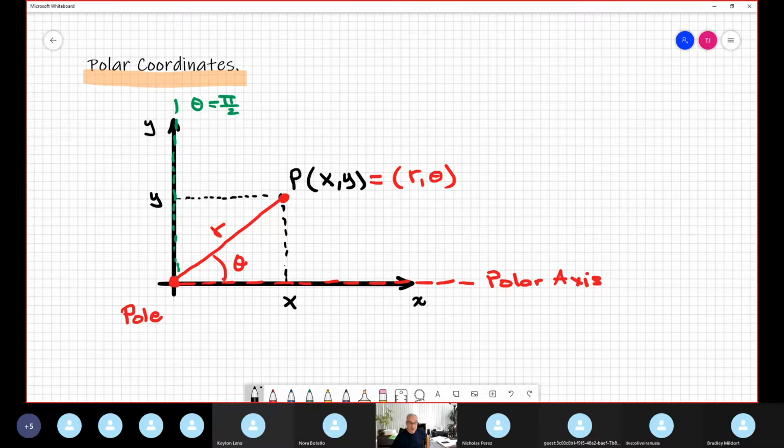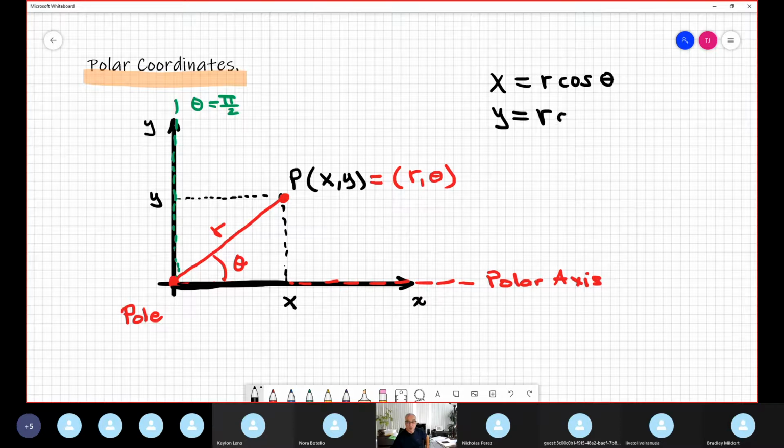The equation is using trigonometry: x is equal to R cosine theta, because cosine is the ratio between adjacent, this guy is adjacent, and R is the hypotenuse.